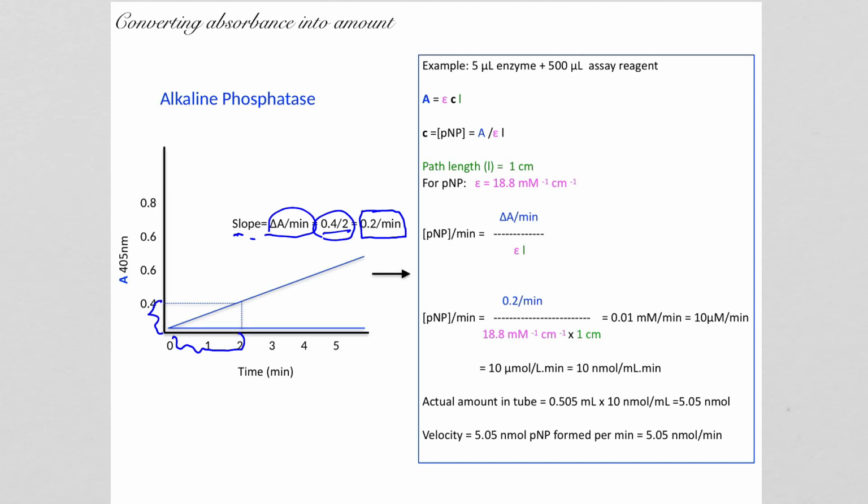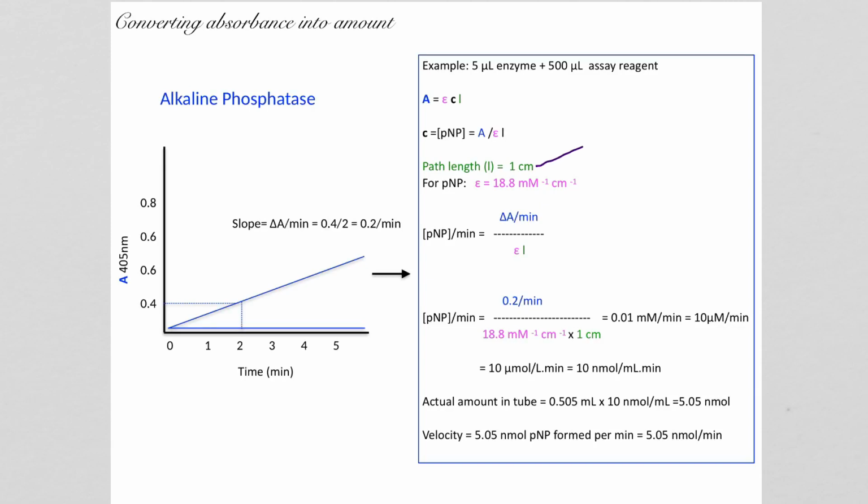Now we use the Beer-Lambert law and rearrange it to find the concentration or amount of para-nitrophenol, the product. That would be the absorbance divided by this epsilon, called the molar extinction coefficient, and L here is called the path length of the cuvette.